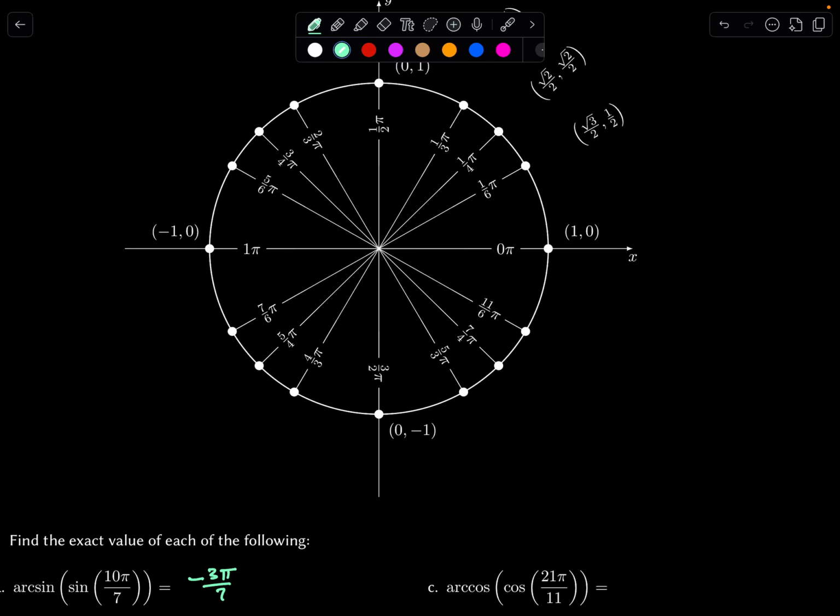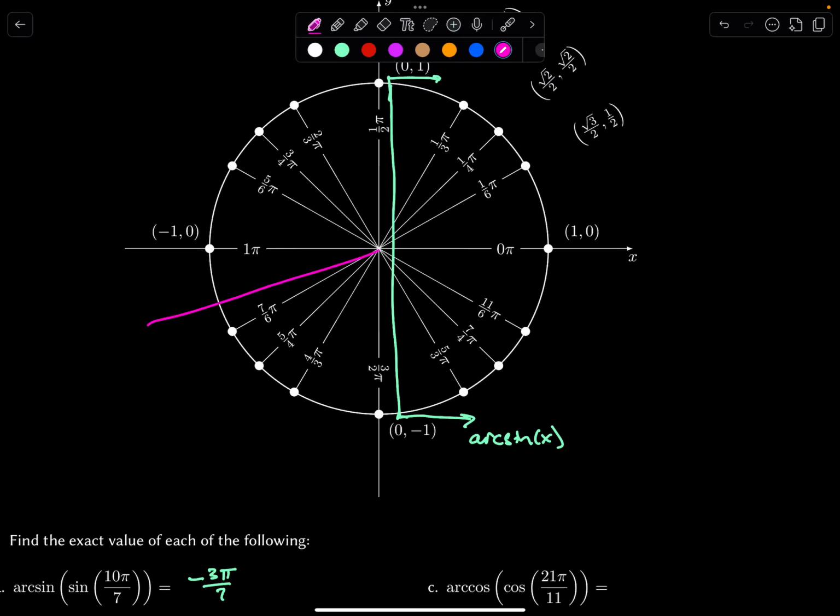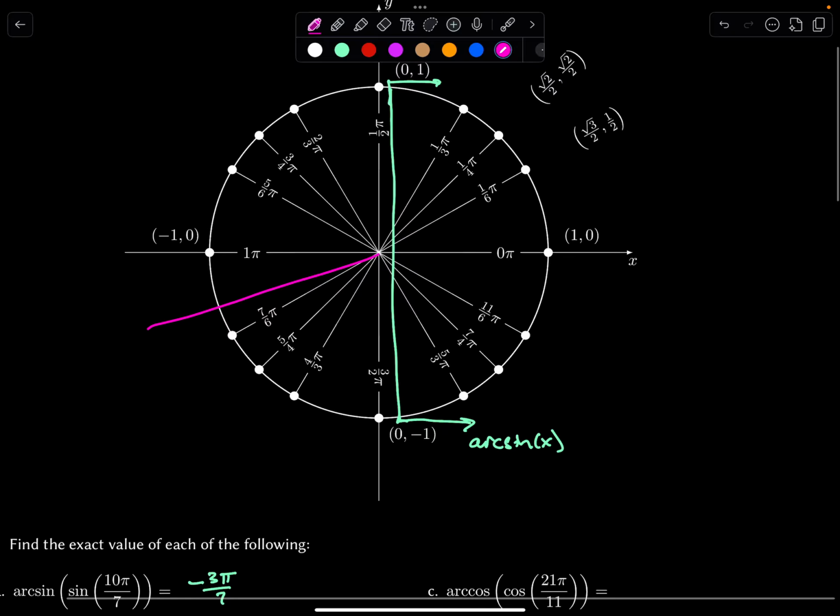Maybe you could think of it this way: when you're dealing with the arc sine, it will always give you an angle over here somewhere. So arc sine will always end up being between negative pi over 2 and positive pi over 2. If you end up with an angle over here somewhere, what you're going to want to do is fold it over.